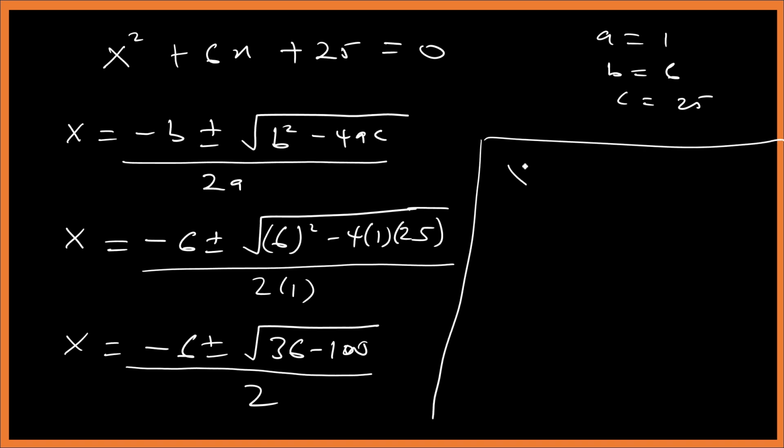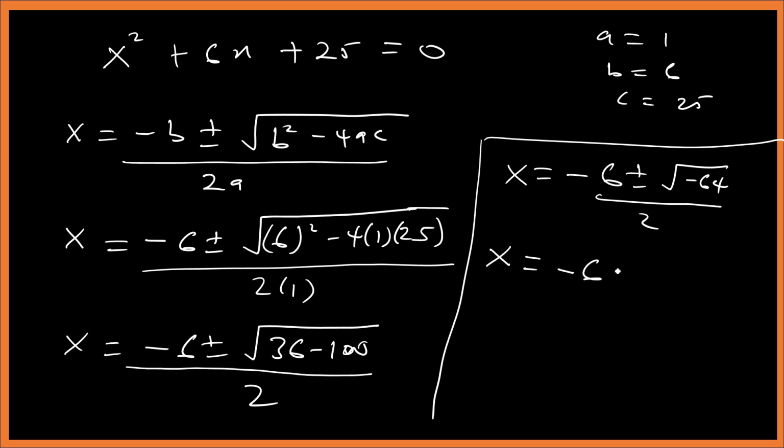Okay, so we have x equals minus 6 plus or minus the square root of minus 64, on 2. So this side will be square root of 64 times square root of minus 1. Square root of minus 1 is i from complex numbers.